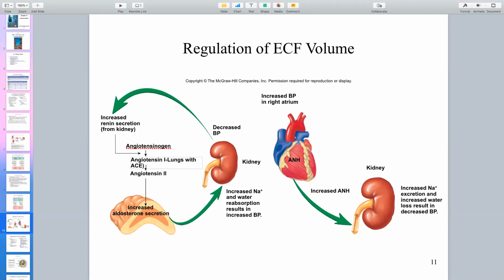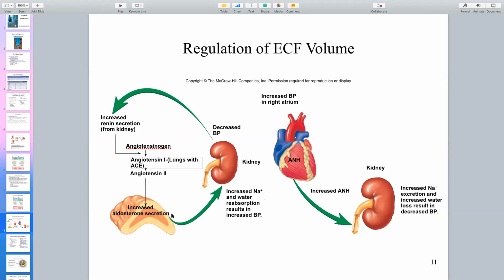In the lungs, angiotensin 1 gets activated by angiotensin converting enzyme, which is an enzyme receptor which cleaves the last bit of amino acids, forming angiotensin 2, which is the more potent version, right? Angiotensin 2 then also stimulates aldosterone secretion, which will then hopefully increase water reabsorption by increasing sodium reabsorption.